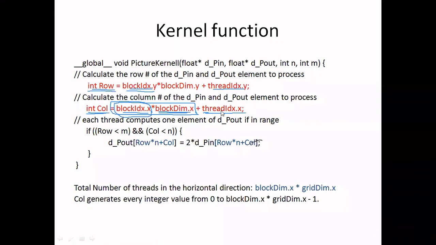It will generate the values from 0 to block dim.x into grid dim.x minus 1. So it will allow us to work on each pixel. It will work on each pixel and perform whatever operation we want and give you the result stored in dpout.